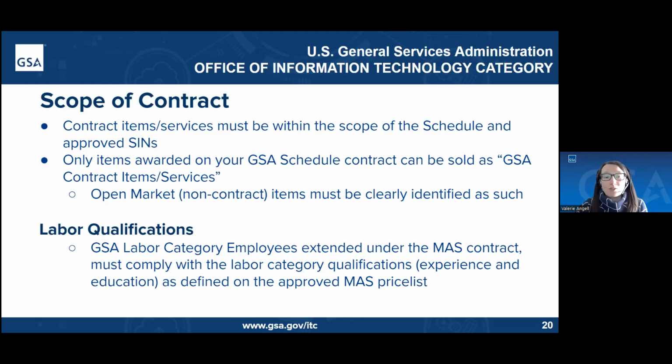And if the personnel do not meet this criteria, then that is a scope concern and a violation. And that is something that will need to be addressed by your PCO. So it's very, very important that you make sure that the personnel fulfilling the roles at least meet the minimum education and the minimum experience requirement. Next slide.